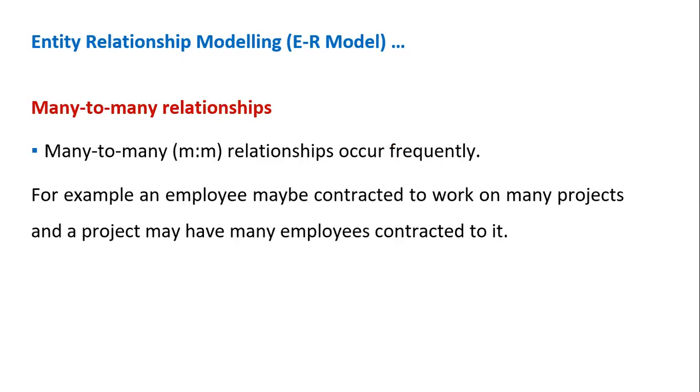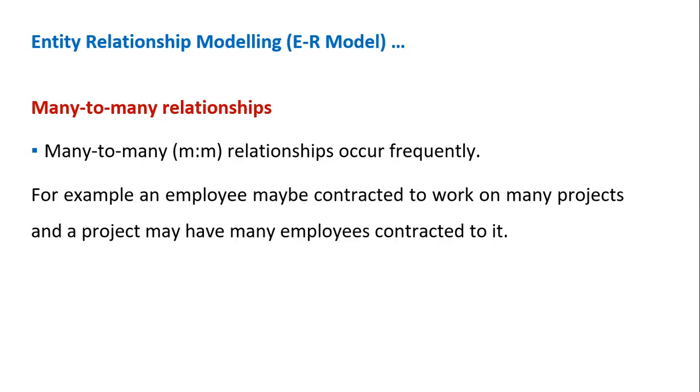Many-to-many relationships, which are indicated M:M, occur frequently. For example, an employee may be contracted to work on many projects, and a project may have many employees contracted to it. You are contracted to work on several projects, but even within one project you find many employees.